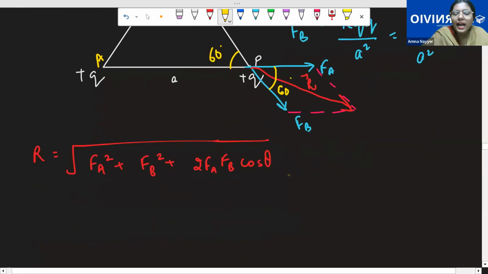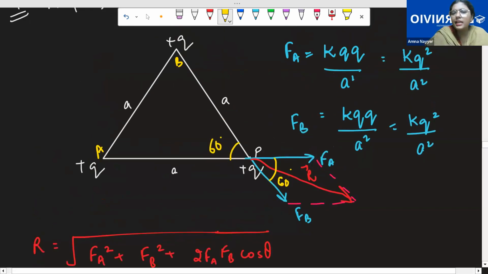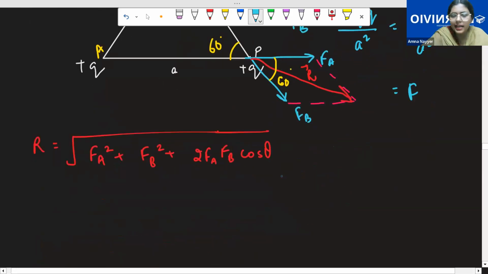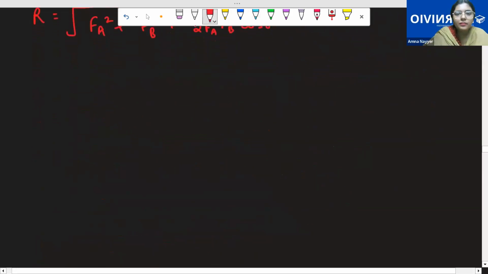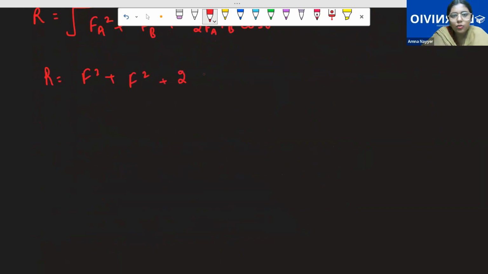Okay. And see, when magnitudes are the same, can we just write both of them as F for a while, just to ease our calculation? Look, I can say resultant is equal to F square. For FB also, I'll write F square because magnitude is the same. 2F into cos 60 degree, right?